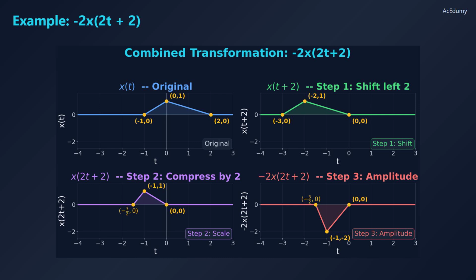Step 2. Compress by 2 to get x of 2t plus 2, with vertices at (-3/2, 0), (-1, 1), and (0, 0). Step 3. Multiply by -2. The triangle flips and doubles, giving vertices at (-3/2, 0), (-1, -2), and (0, 0).